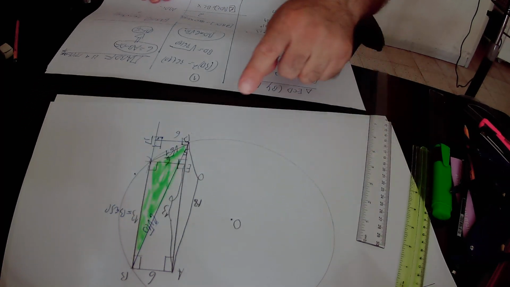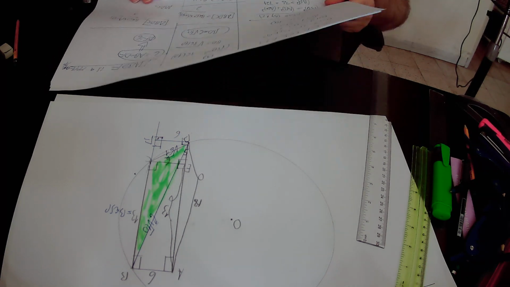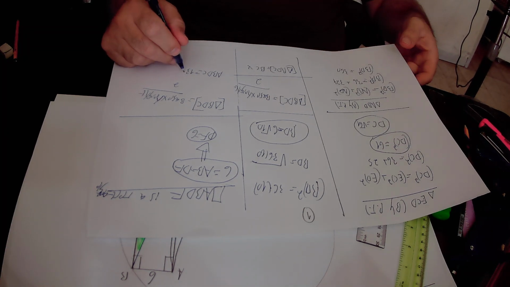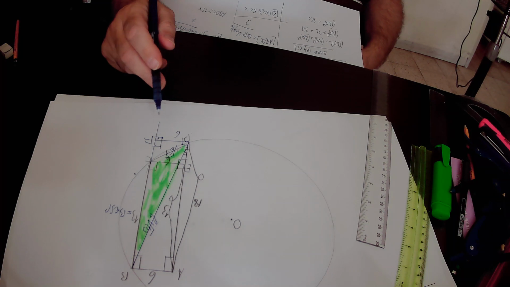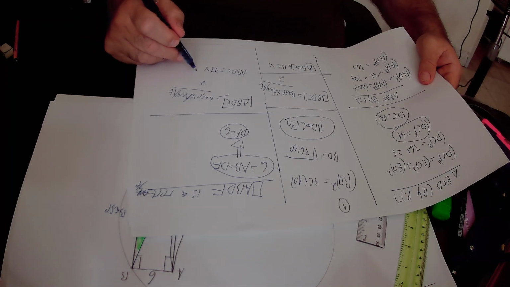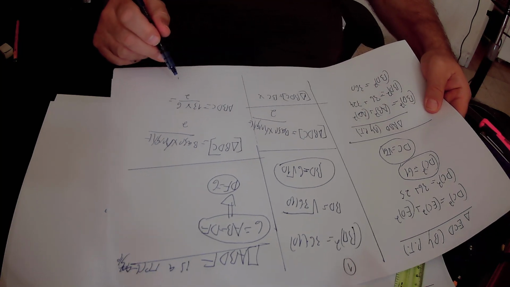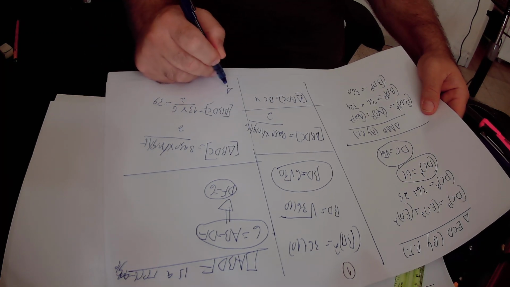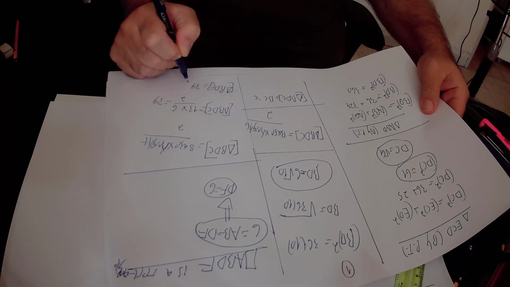The base is BC, and it is given in the question that the base BC equals 13 units. So we substitute the base by 13 times the height. We found out that the height DF equals 6 units. So it is 13 times 6 over 2. 6 over 2 is 3, and 3 times 13 is 39. So the area of triangle BDC is equal to 39 square units.